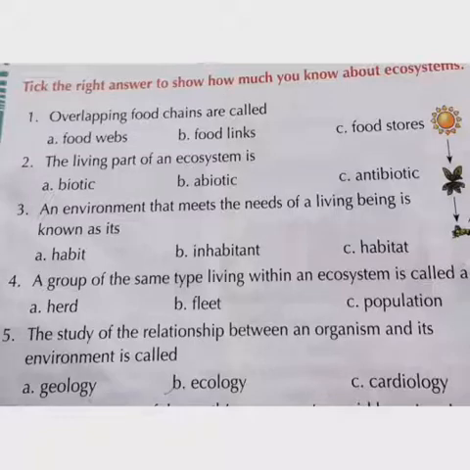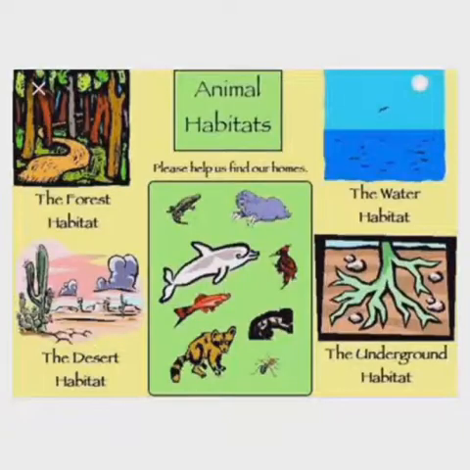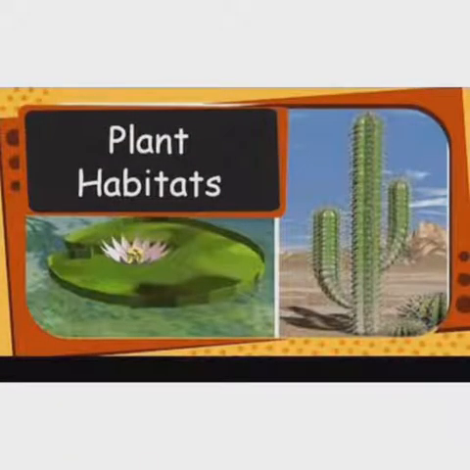place where an organism makes its home. A habitat meets all the environmental conditions an organism needs to survive. Okay, habitat. An environment that meets the needs of a living being is known as its habitat.